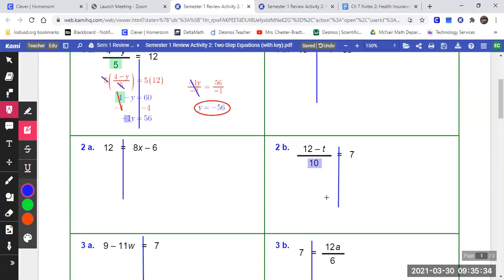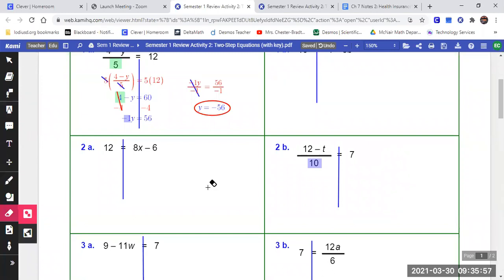So what did I do first in 1A? We're going to multiply both sides by that 10. Exactly.